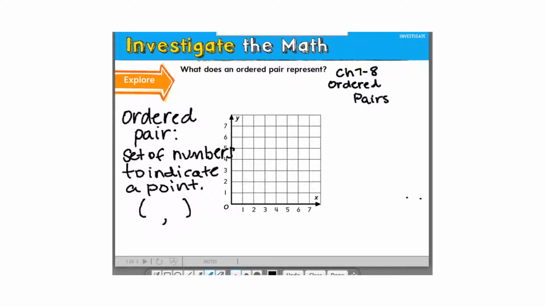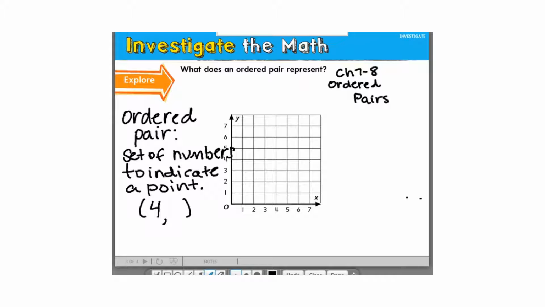And the first number in the ordered pair is the number that goes across. We're going to talk about this more in just a second when I give you another vocabulary term. So if I go over to the 4 first, 4 would be my first number in my ordered pair.